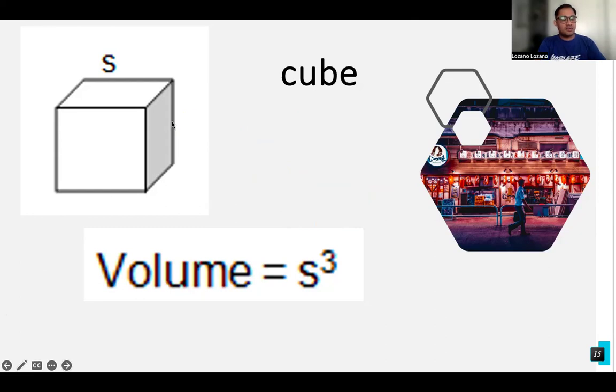Another example for the cube. Let's say we have 2 centimeters. The formula is volume equals what?